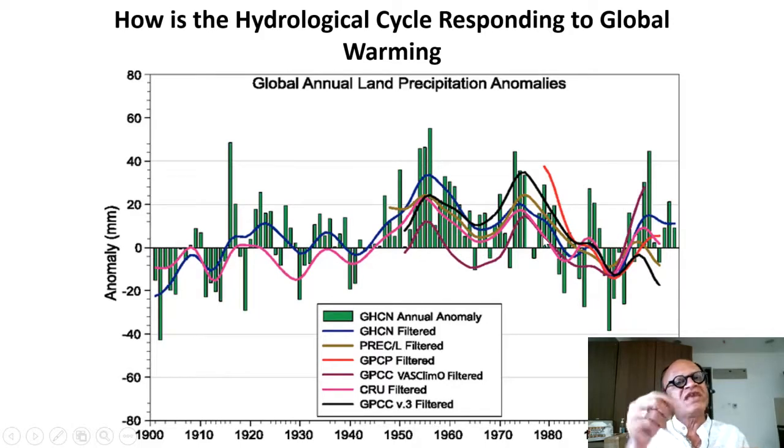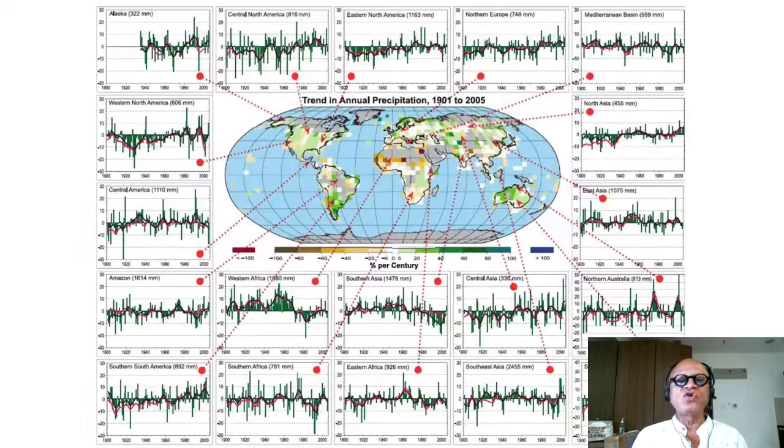Because a rain gauge is measuring very local rainfall and doesn't know what's happening over there. So this is a big problem. And if you look at the global map of trend in annual precipitation from 1901 to 2005 for various regions, you see the same issue, that there are times when different products just don't agree with each other. Okay, so this is something we have to keep in mind.